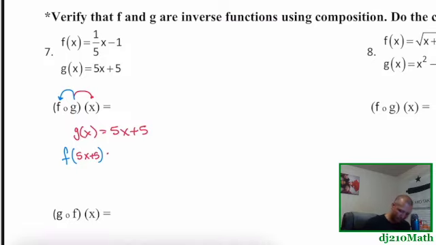So everywhere there's an x, I'm putting 5x plus 5. So watch how I do this. F of x says 1/5 x minus 1. That's what f of x is, right? 1/5 x minus 1. All right, my input has to be 5x plus 5.